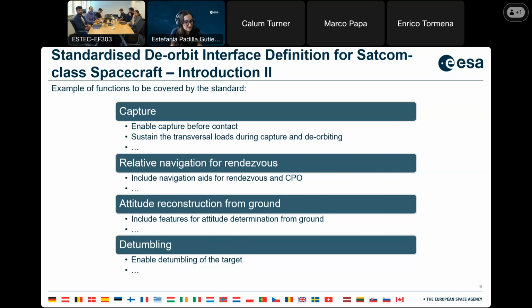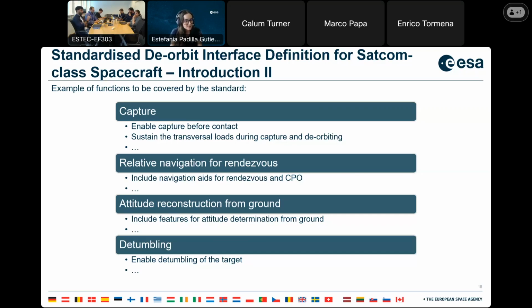And maybe the servicer is not even capable of capturing this target. So here is where the tumbling part takes importance, because if we have something to decrease the spin rate of the target, we could enable the service of the deorbiting.